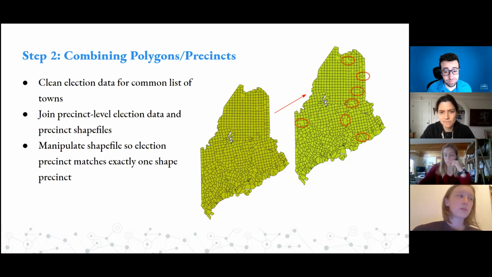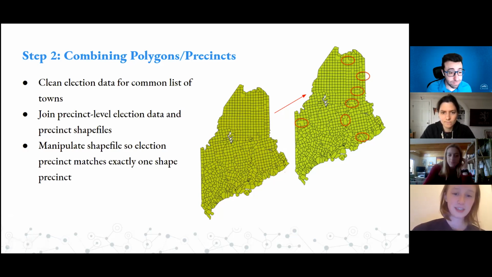So essentially we just had to create a standard, to normalize the data in order to have one consistent reporting record. And then on the other hand, we had to reflect these decisions in the actual shapes themselves so that we could have one unique identifier of precinct for each record. And yeah, that was the most tedious part for sure.